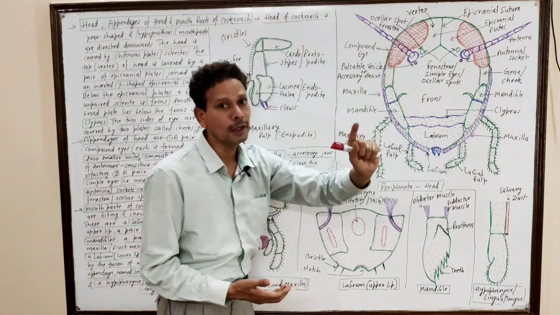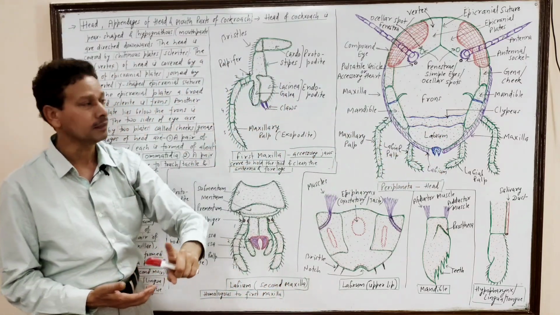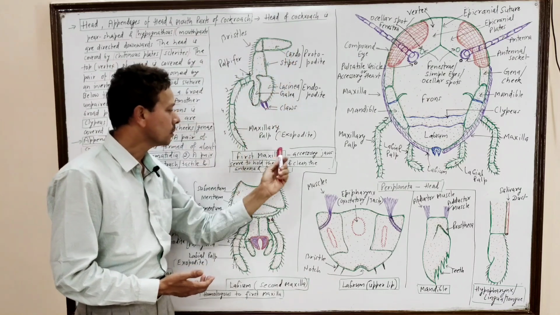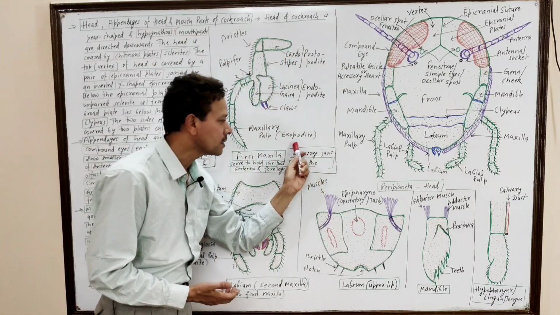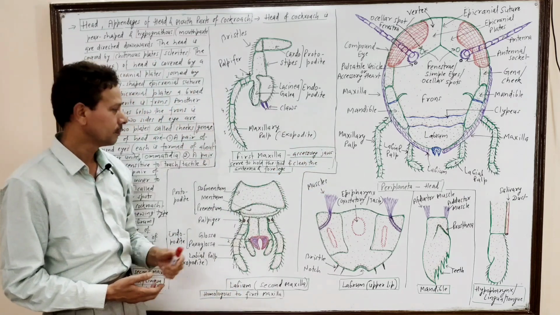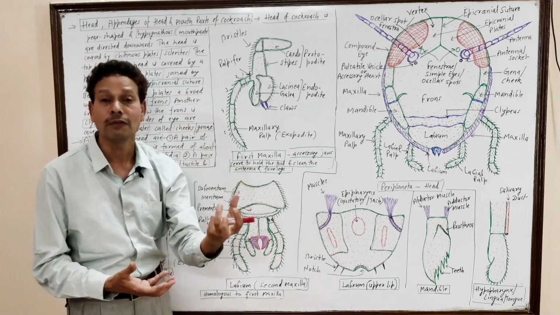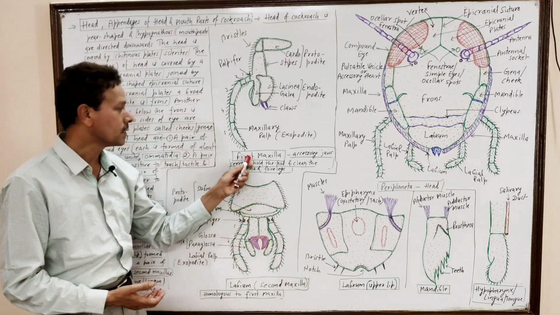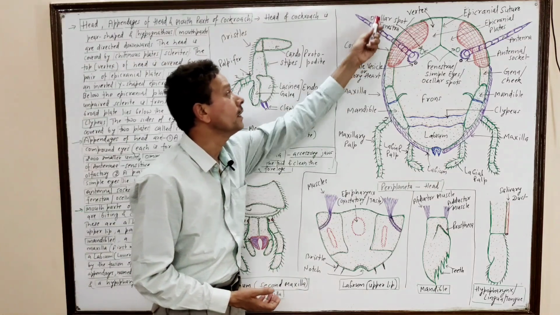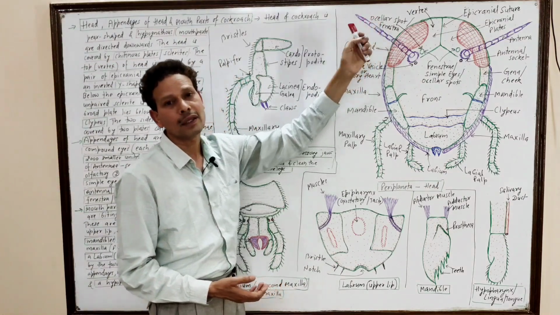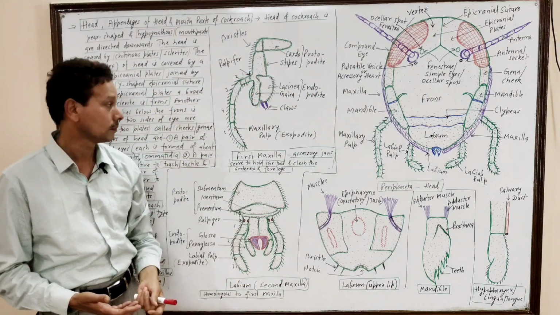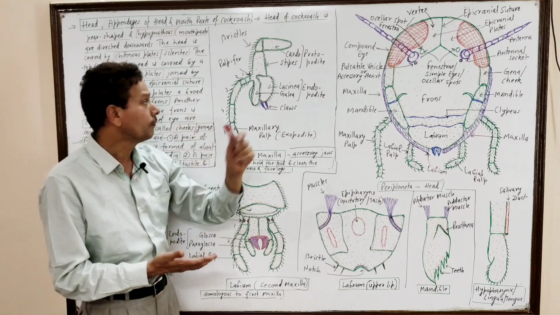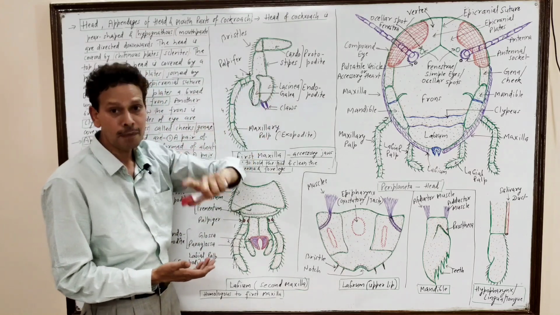Labrum is upper lip, it is one structure, and each first maxilla acts as accessory jaws which serve to hold the food particles, as well as these first maxilla clean the antenna and first pair of legs. Each first maxilla has three parts.